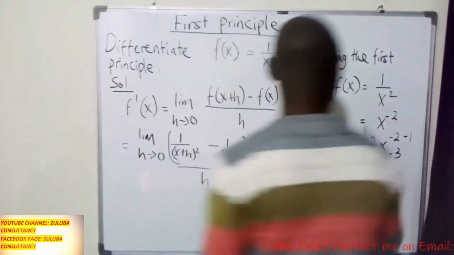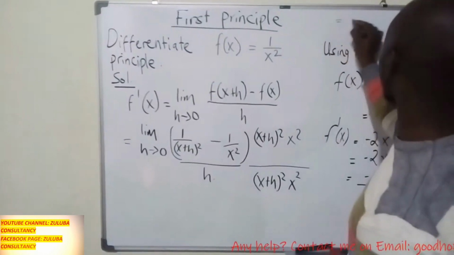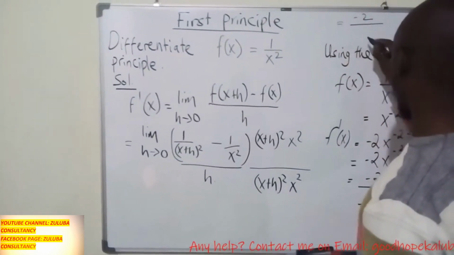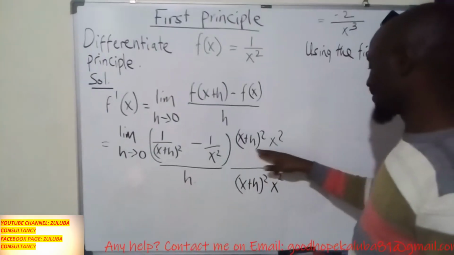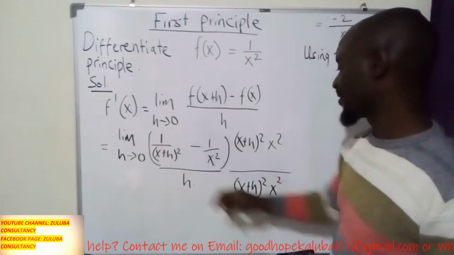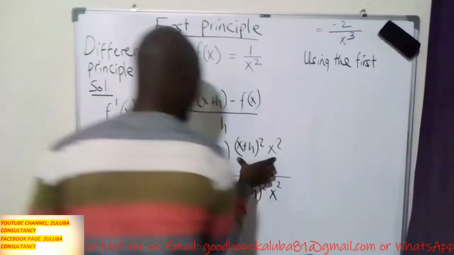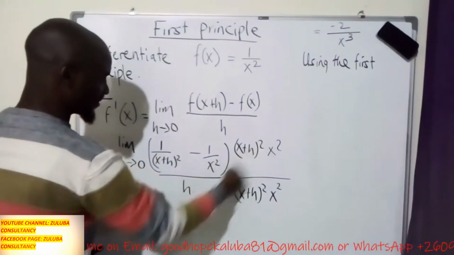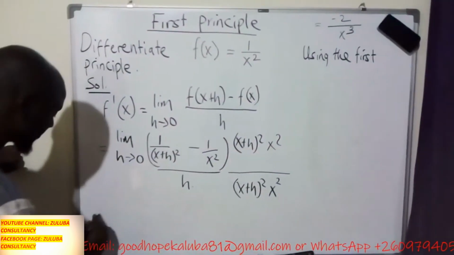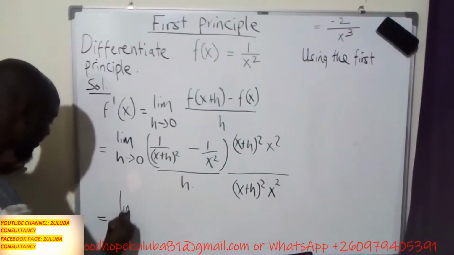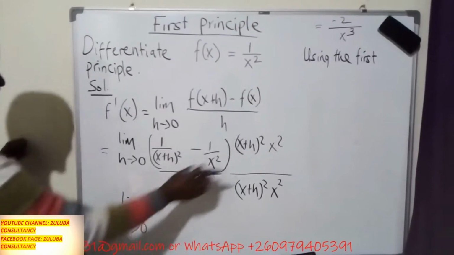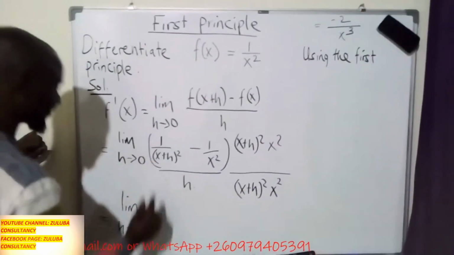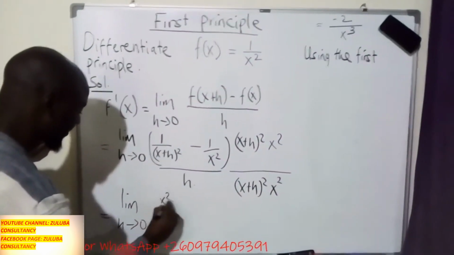Remember, the answer that we are getting is negative 2 over x to the power 3. When I multiply this with this one, this divided by this is going to simplify. We're going to have the limit when h goes to 0. When I multiply this with that, I'm going to have x squared.